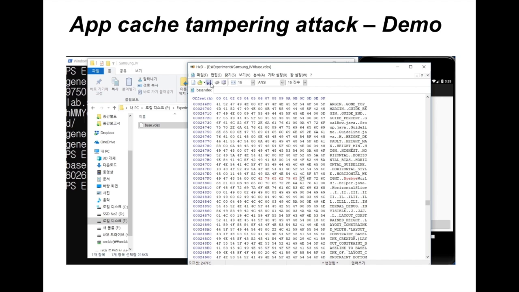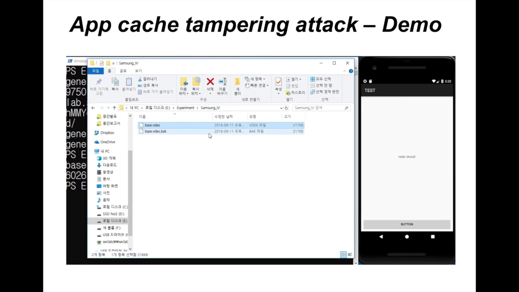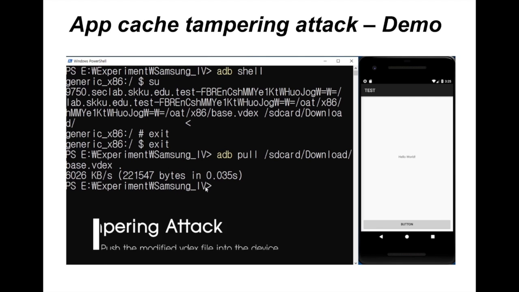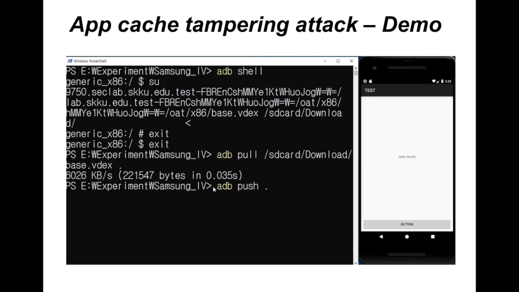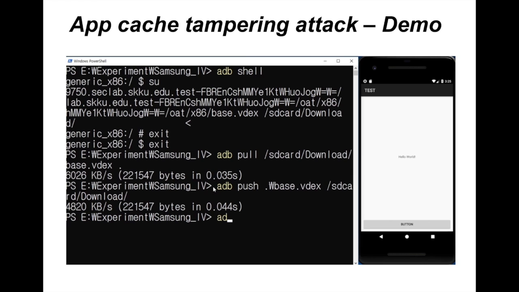We save the modified app cache file, and then we push the modified file into the device using the ADB tool. In the final step, we replace the original app cache file with the modified file.